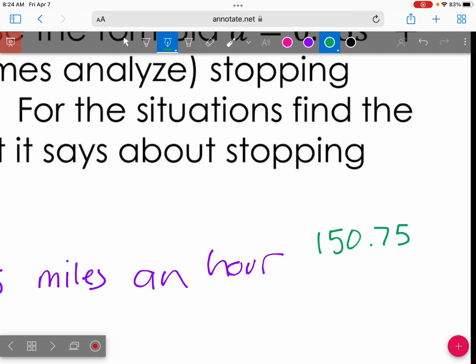What does the 150.75 mean, words-wise? It's our distance, the distance it takes to stop. If I'm going 45 miles an hour and I slam on my brakes, I will stop in 150.75 feet. That's why we have to be aware of our surroundings when we drive.